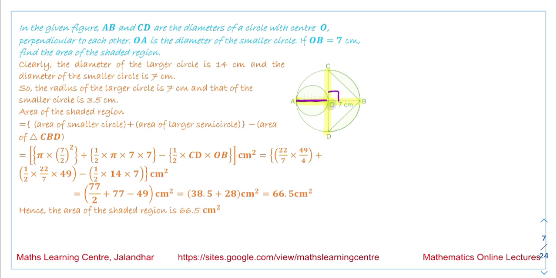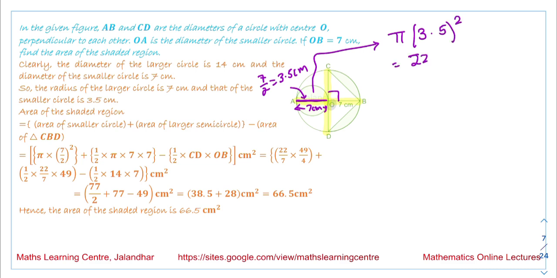So this length OA is also 7 centimeter. So the radius of this circle will be 7 by 2, that is equal to 3.5 centimeter. So the area of this circle will be pi into 3.5 square, or we write it as 22 by 7 into 7 by 2 into 7 by 2.